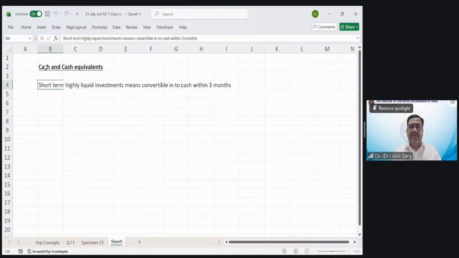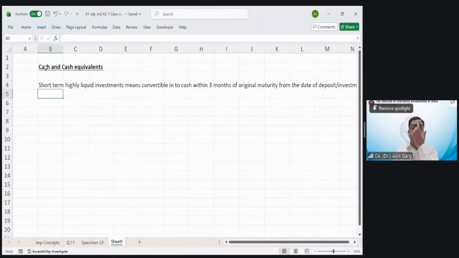Convertible into cash within 3 months of original maturity, original maturity from the date of deposit or investments.